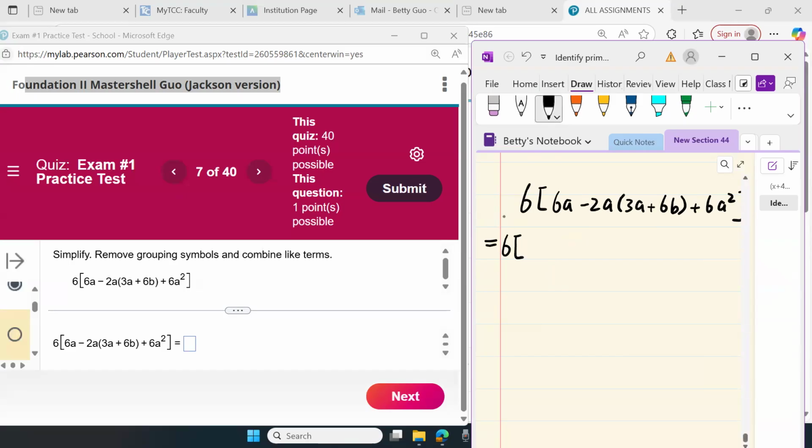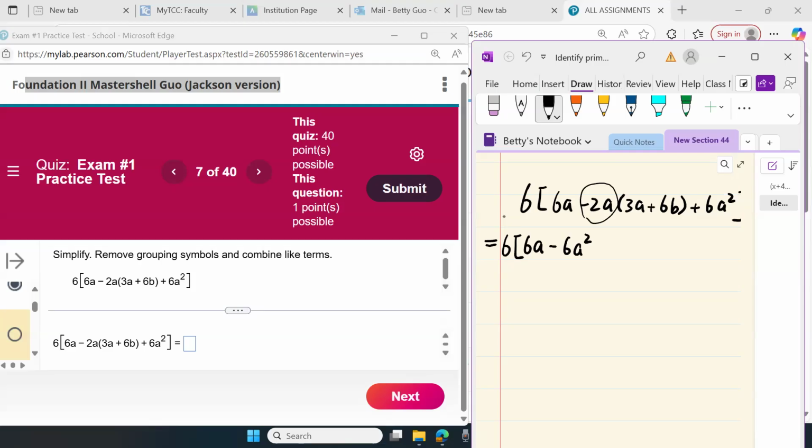We're going to remove the parentheses. The coefficient of the parentheses is -2a. So bring down 6a, -2a times 3a, -6a squared. Okay, -2a times 3a: -2 times 3 is -6, a times a is a squared.